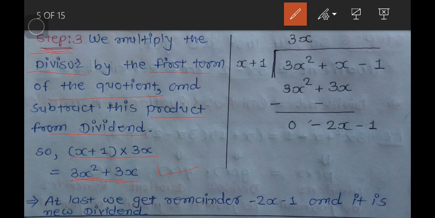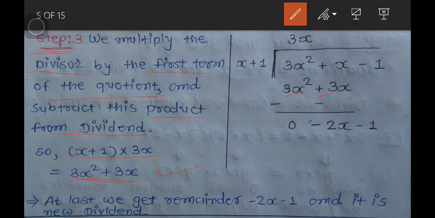To subtract the given product from our dividend, we put opposite signs. Here the 3x square has a plus sign, so we put a minus sign, and the 3x has a plus sign, so we put a minus sign here.